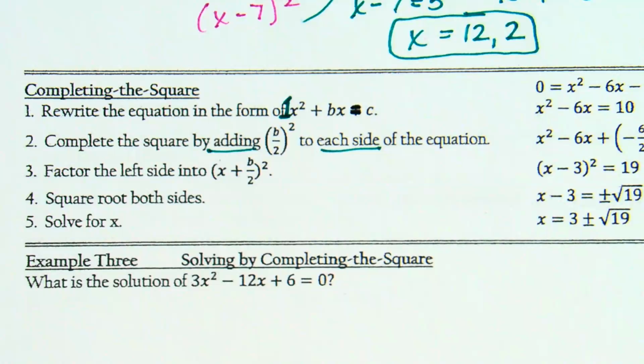Step 4, square root both sides. Didn't I just do that? And step 5, solve for x. Didn't I just do that? So you've already done steps 3, 4, and 5. We're going to use steps 1 and 2 to get our equation to look like what the above equations did. I promise, I will make this make sense.